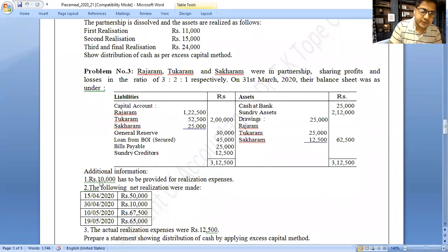But it is not an actual value, it is an estimated value. Actual expenses were 12,500.